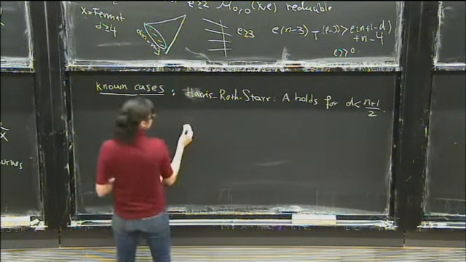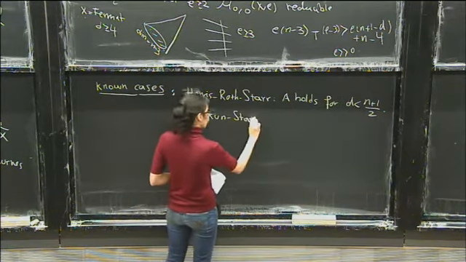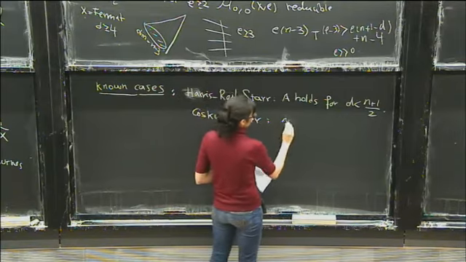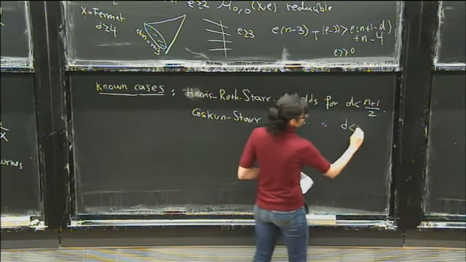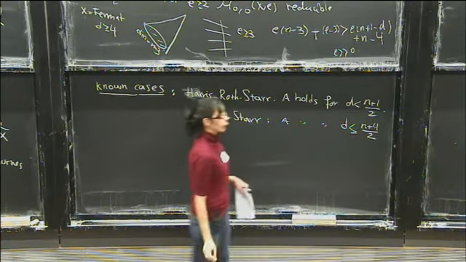And I think later Beheshti, Kumar, and Starr showed, among other things, that A holds for D less than or equal to (n+4)/2.